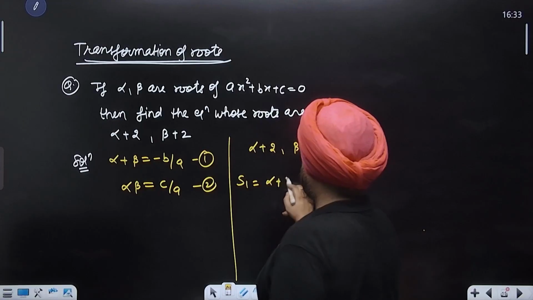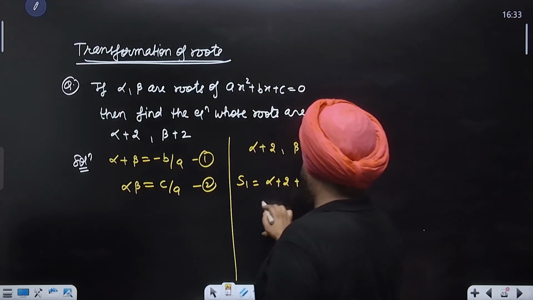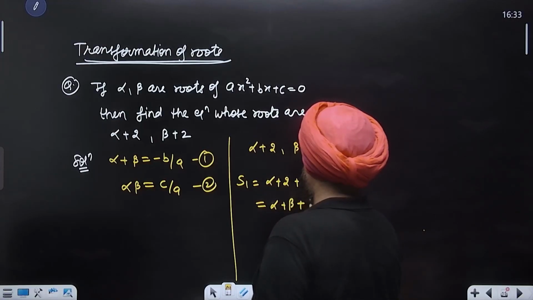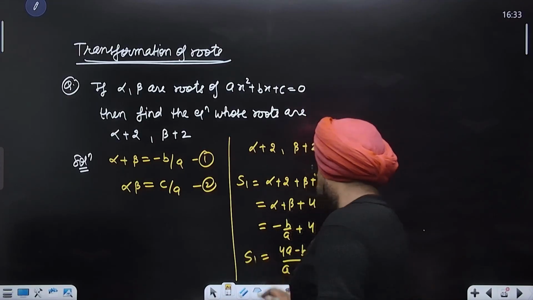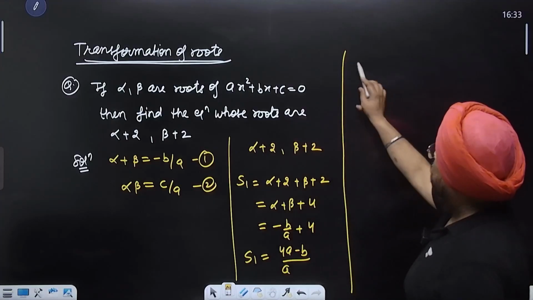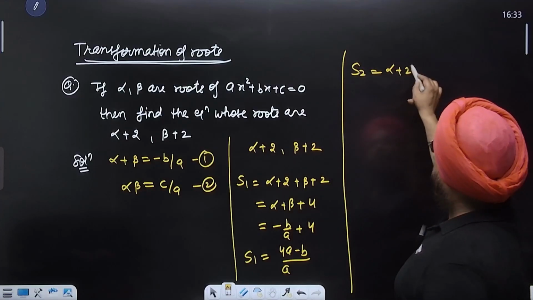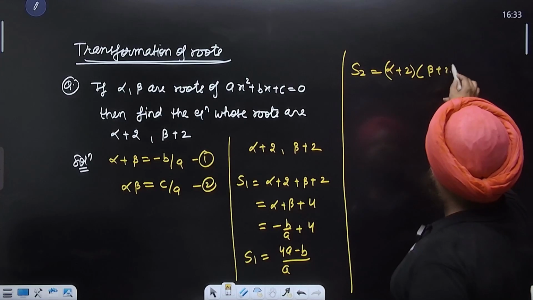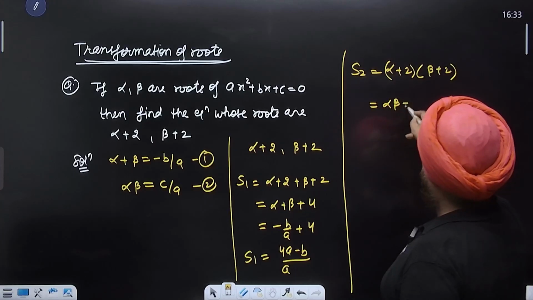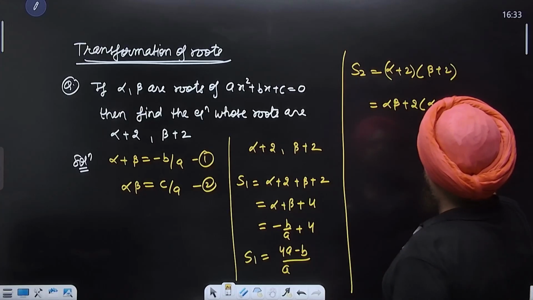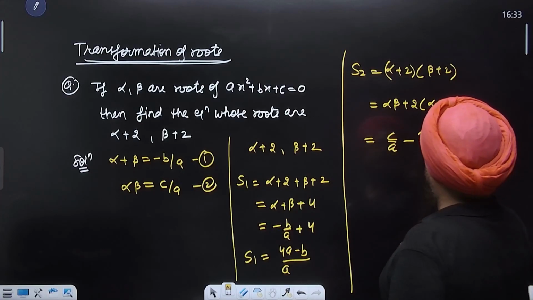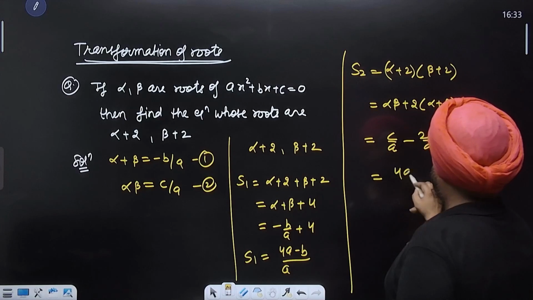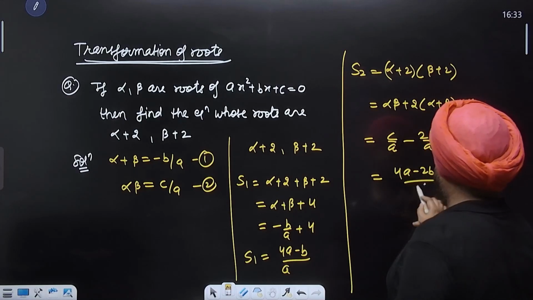S1, the sum of roots, will be minus b by a plus 4, and S2, the product of roots, is (4a minus 2b plus c) by a.